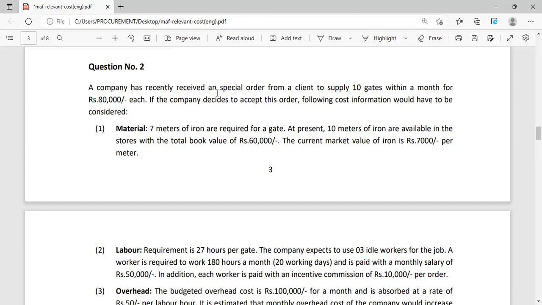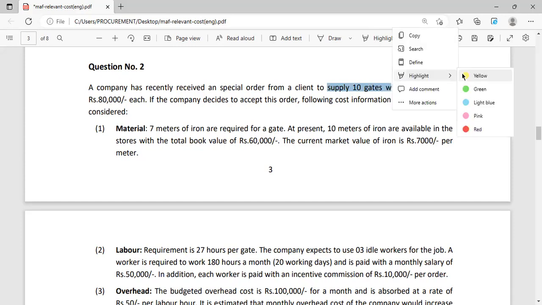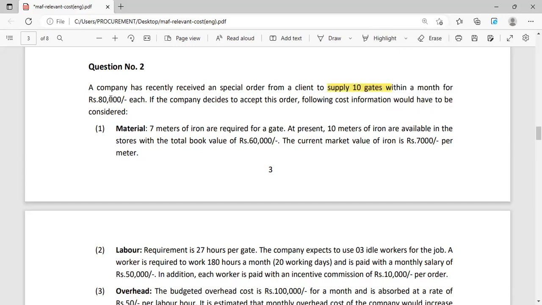So a company has recently received a special order from a client to supply 10 gates within a month for 80,000 each. So they have 10 gates to supply, and one gate is 80,000 per one. So I will mark this one.